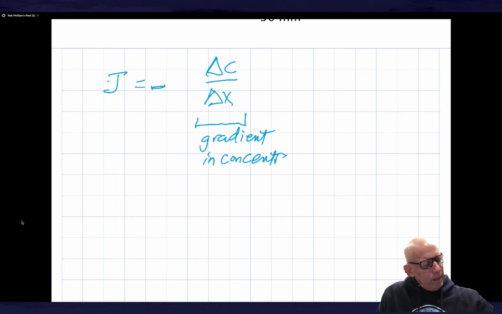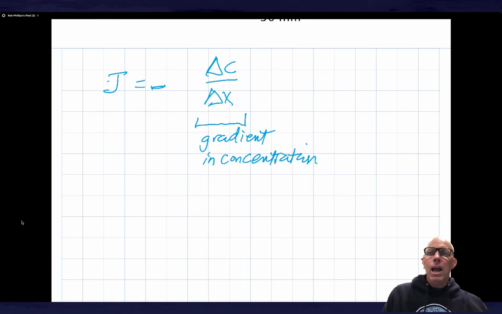The quantity that I calculated is the change in C over the change in X. So if I take a little step in the X direction, how much concentration change will there be? If the concentration is uniform, then we expect that the flux should be 0. So somehow it's got to depend on the difference in concentration from one plane to the next. And we have the intuition that the larger that concentration difference, the larger the flux will be.